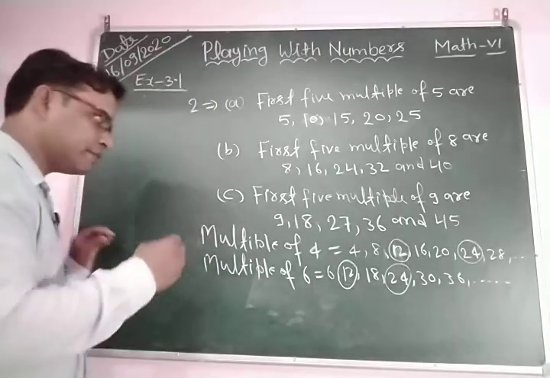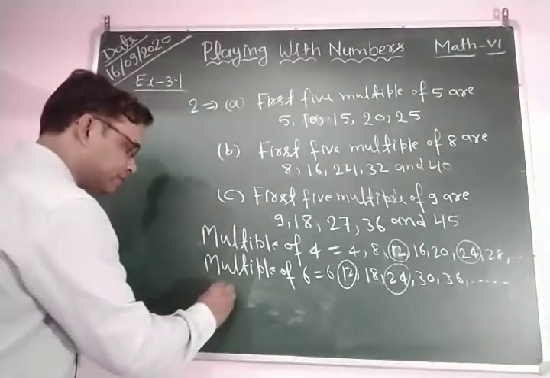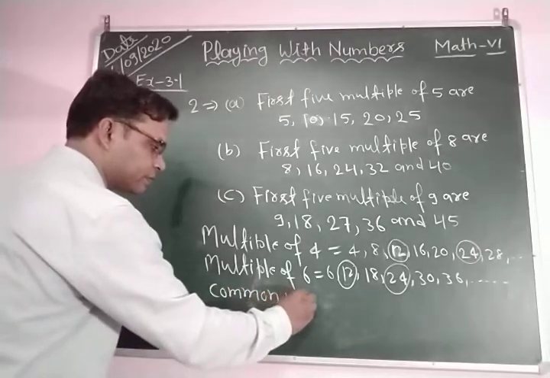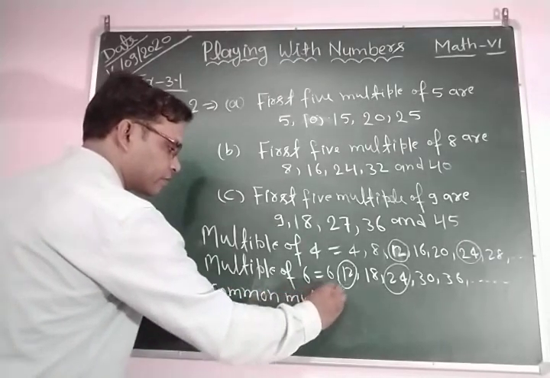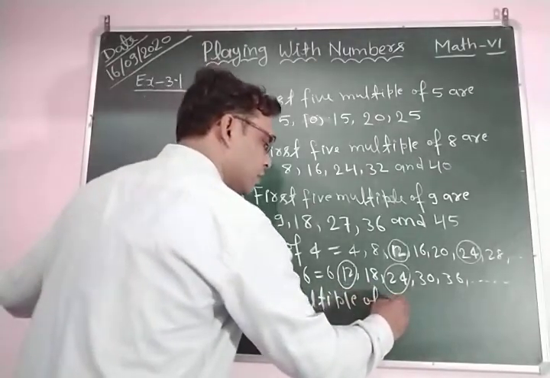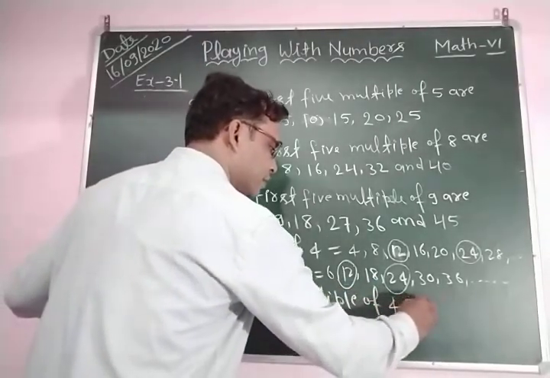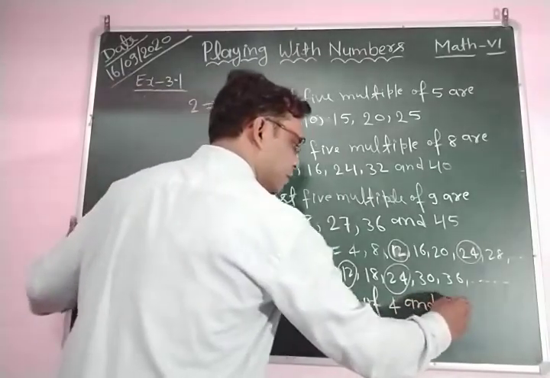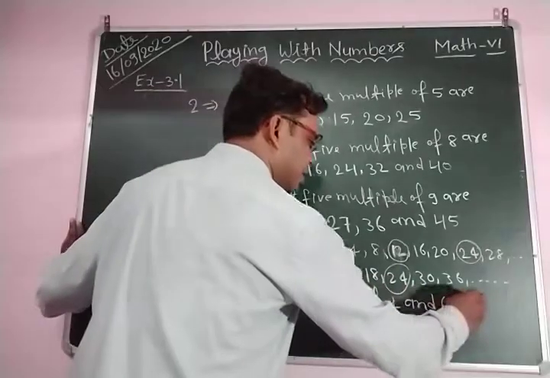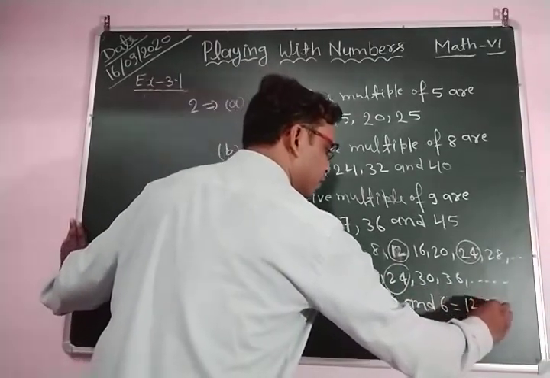So you can write that the first common multiple of 4 and 6 is 12. After this, 24.